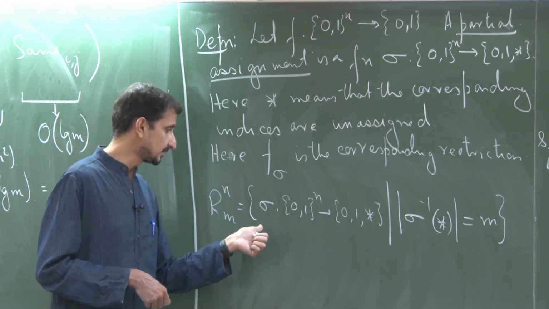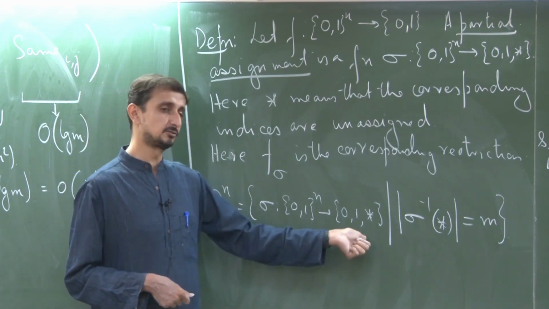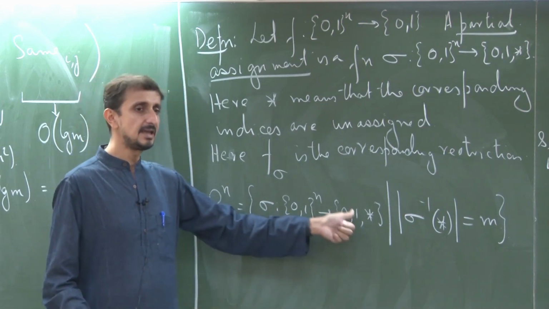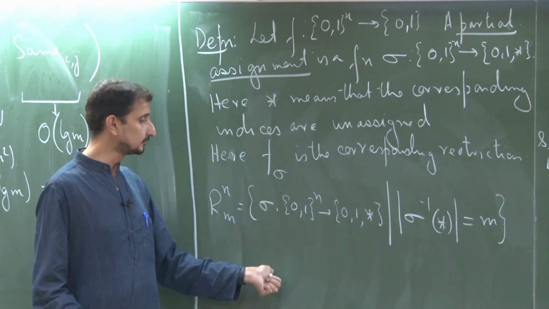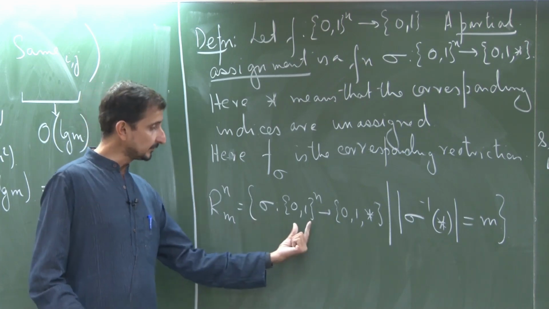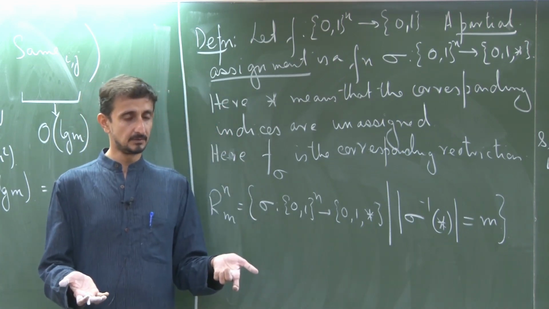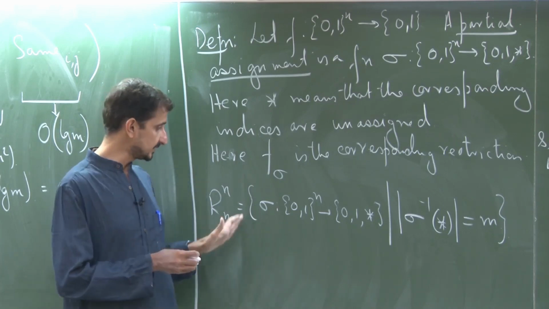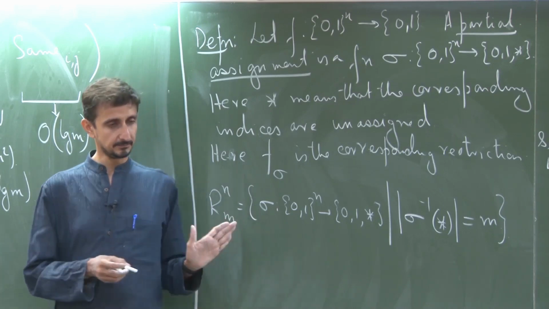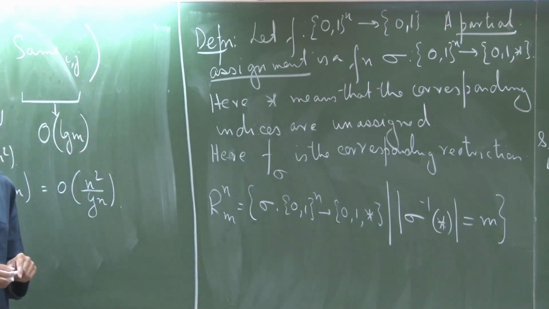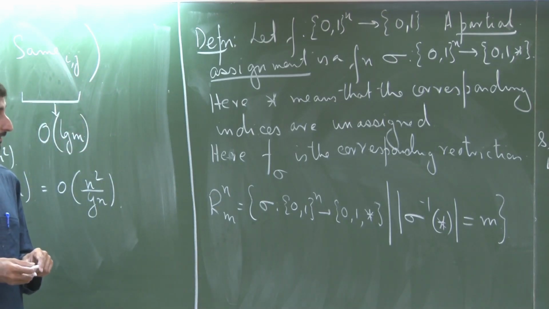I can have another function tau going from this to this, and maybe something else again going from this to this. Suppose for all of those, the number of indices mapping to star is equal to m. Each of those functions will then belong to this set. Should the domain of sigma be the variable set instead of all strings?